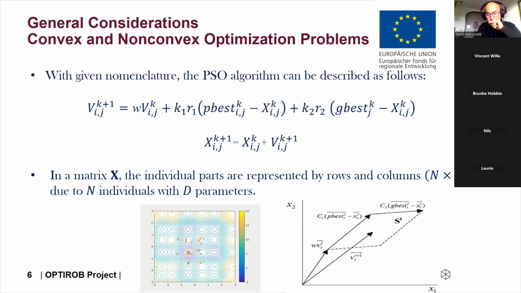Yeah, we can see W V, which is the vector before, multiplied by the weight W, and then these two vectors, oriented randomly. Just one particle is not exactly a swarm.